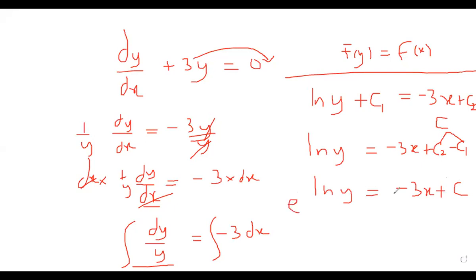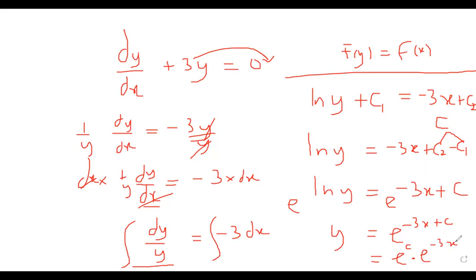Now we want the function y, so you find what? The exponent of both sides. Good. So this is going to give us y is equal to what? E raised to the power minus 3x plus a constant c. Which is the same as e raised to the power c, by indices, times what? E raised to the power minus 3x.